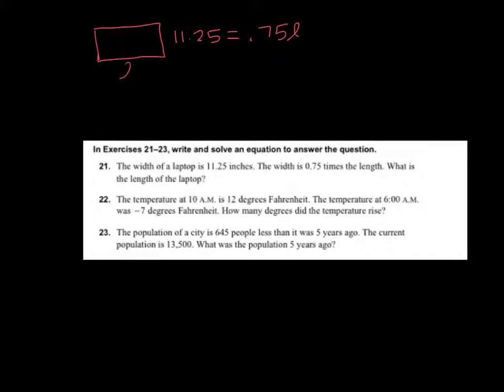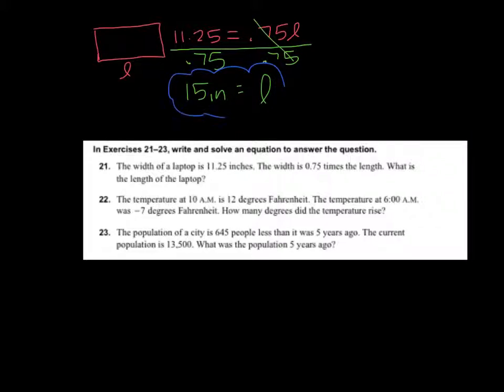So I don't know the length. That's what I'm trying to find. But I know that 11.25 is 0.75 times the length. So now I can go ahead and solve this problem. So I'm using my inverse operations again, and I know the opposite of multiplying by 0.75 would be to divide both sides by 0.75. So when I do that, I find out that my length is equal to 15 inches. Okay? So that would be my answer on that one.